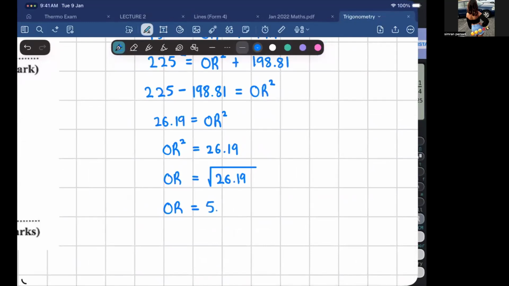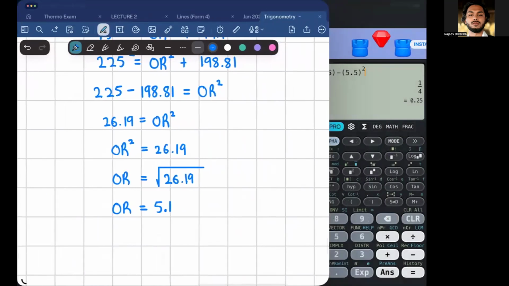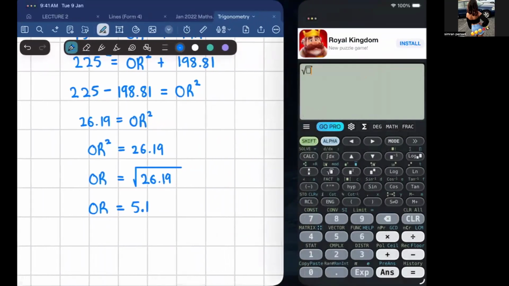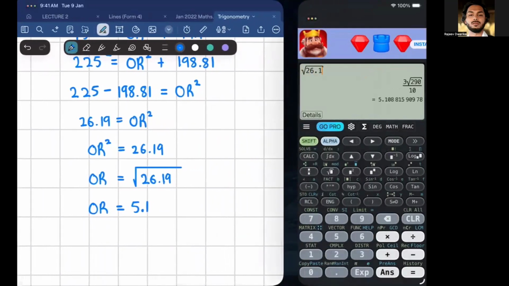5.1. If you could tell me your answer to 2 decimal places. The square root of 26.19 is 5.1176. If I ask you to round it off to 2 decimal places, we look at the second decimal.